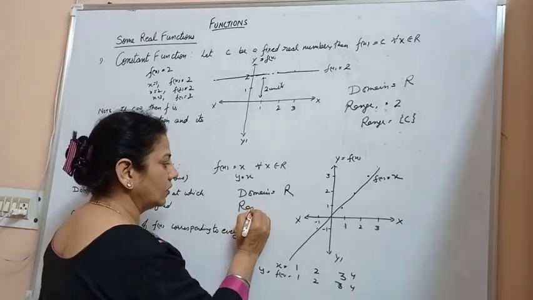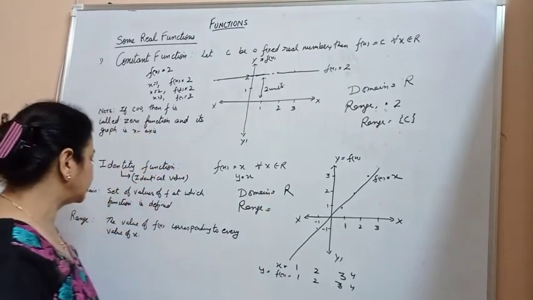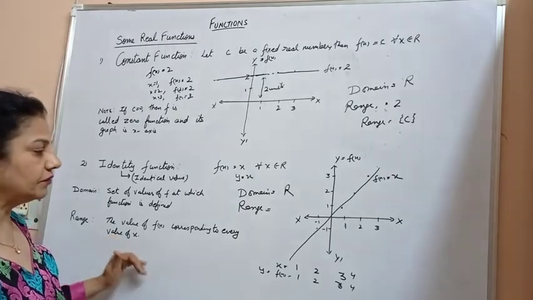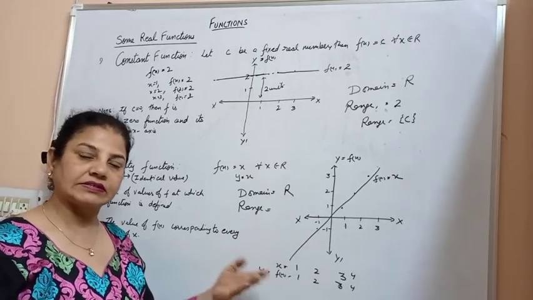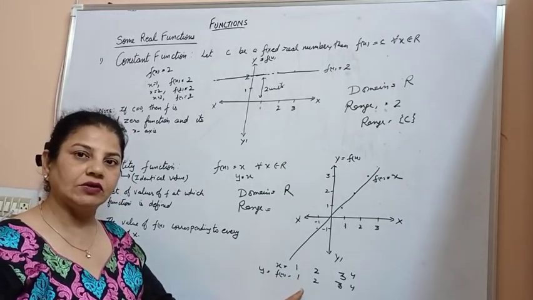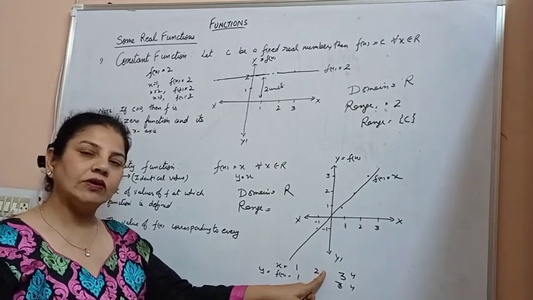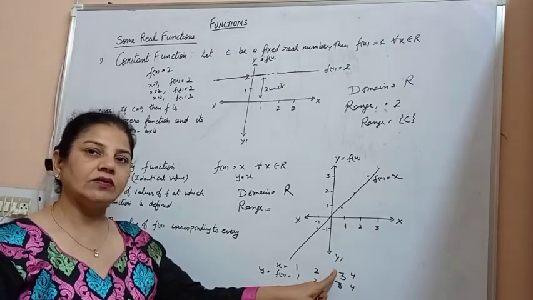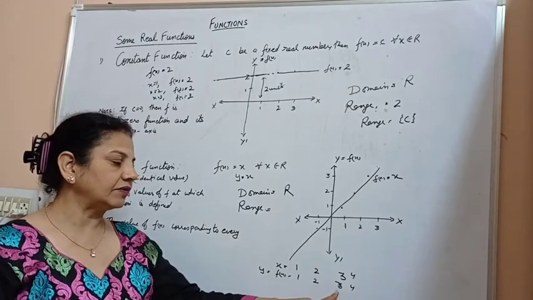And what will be the range? Range is the value of f(x) corresponding to the value of x. We give the value of x as 1, correspondingly we get f(x) as 1. We give the value 2, we get f(x) as 2. We give x as 3, we get f(x) as 3.